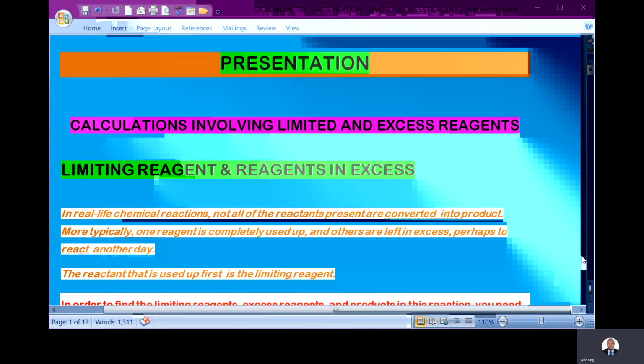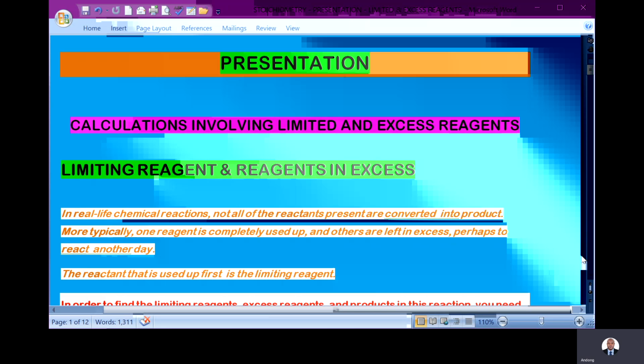It should be noted categorically that in real life, when reactants are reacting in a chemical reaction, not all the reactants are going to be used up before the reaction goes to completion.